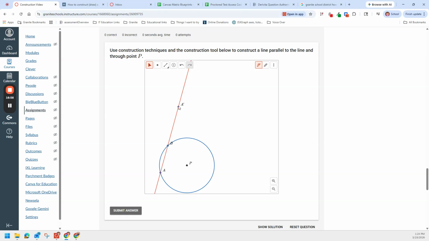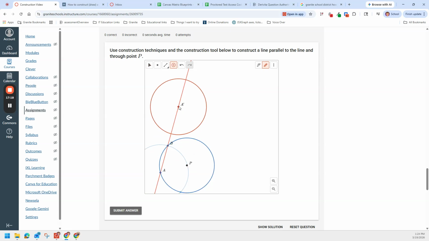Now I want to create a B prime. B prime is going to have to be the same distance from A prime as B is from A. So let's use another circle. I'm going to switch to these pencil things because we're going to start getting a lot. All right, so there's my distance.